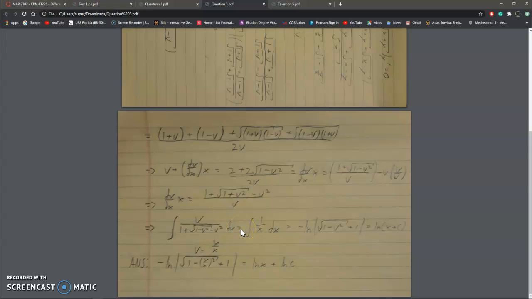And you'd also integrate the x, which becomes now 1 over x dx, which then gets you negative ln absolute square root of 1 minus v squared plus 1 equals ln x plus c, which then, once you put back the y divided by x, equals negative ln absolute square root of 1 minus y divided by x squared plus 1 equals ln x plus ln z.